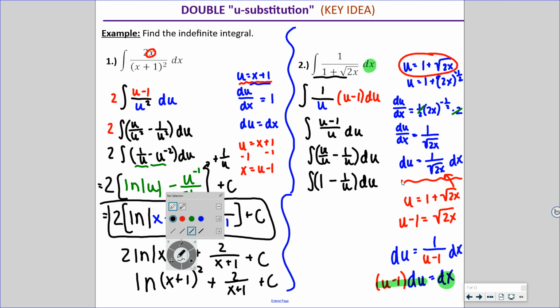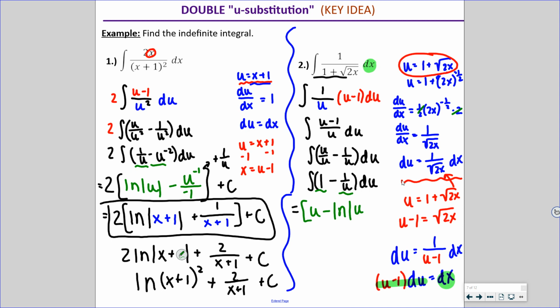Okay. The antiderivative of 1 would just be u, minus the antiderivative of 1 over u, which is the natural log of the absolute value of u, plus C.